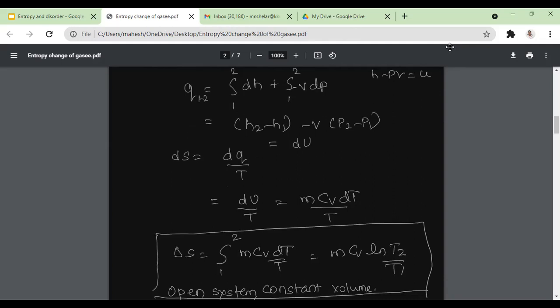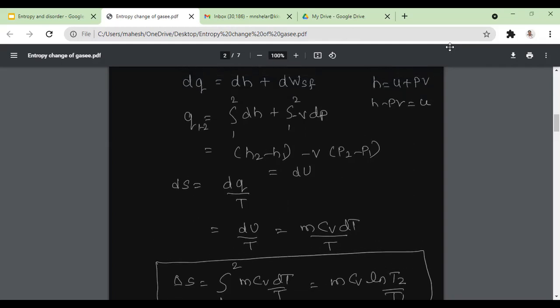So for an open system, and I'm talking about a special case of open system, namely the steady flow open system undergoing a constant volume process 1 to 2, the entropy change can be calculated as mCv ln T2 by T1.